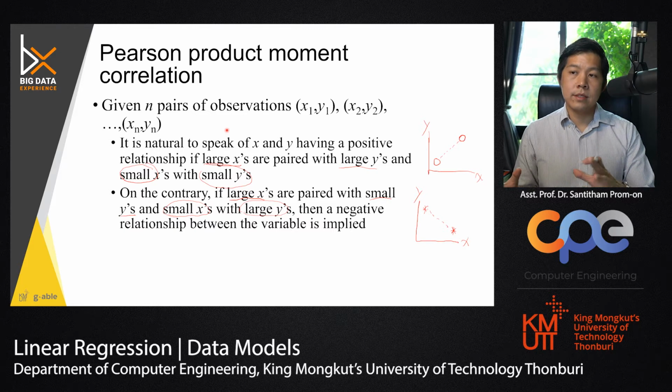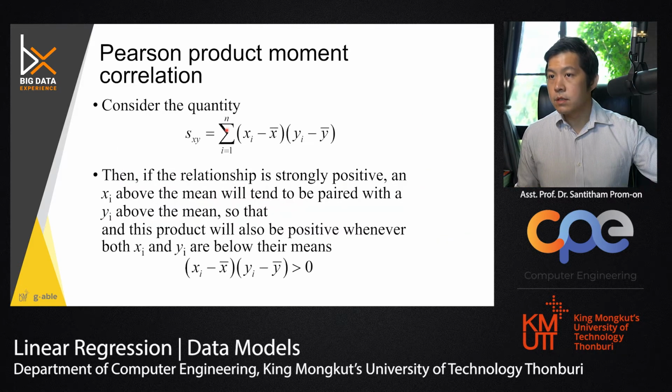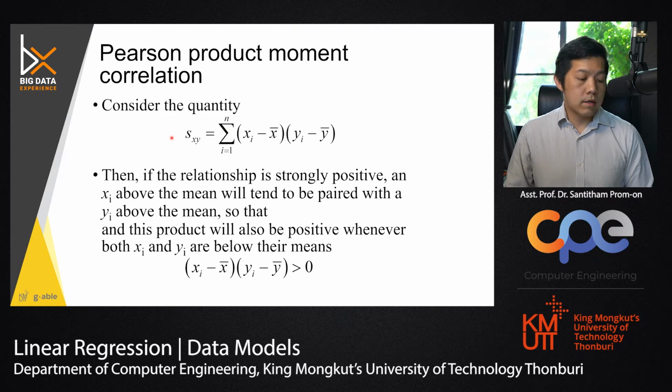Now let's look at how we can assess the positiveness and negativeness, the sign, the polarities of these relationships, and also the magnitude of these relationships. Considering this, this is the covariance, the variation of x pairing together with the variation of y.